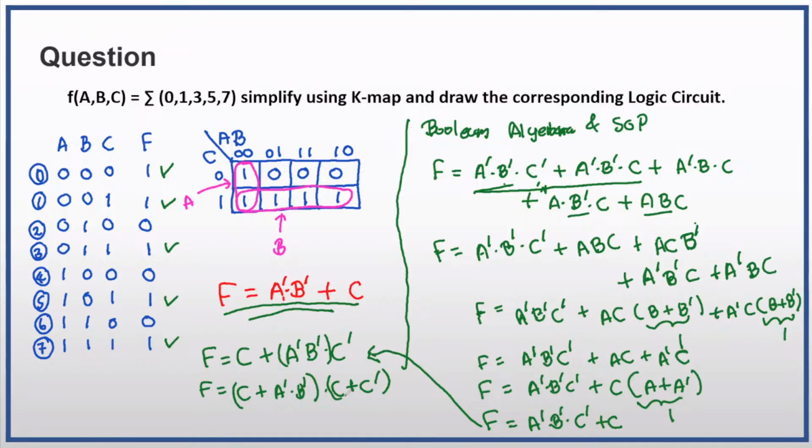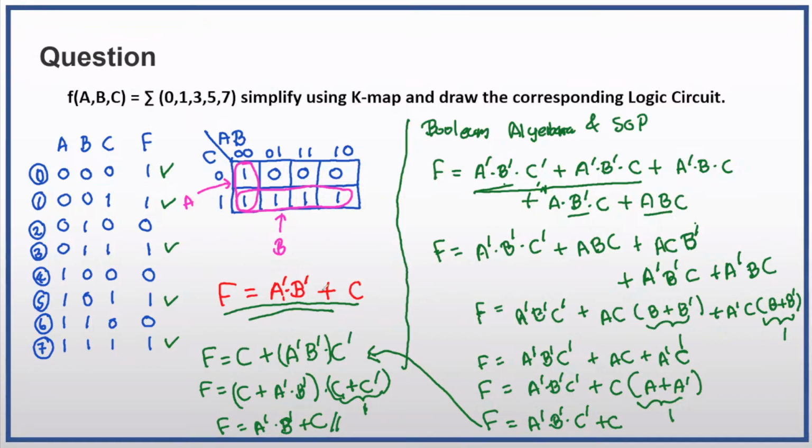So here it is 1 again, and with the domination law you can get, with the identity law you can get it here A dash B dash plus C. So now you can see how it is complex to use the Boolean algebra to get this kind of simplification.